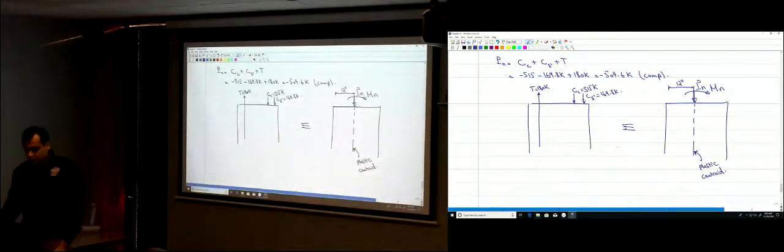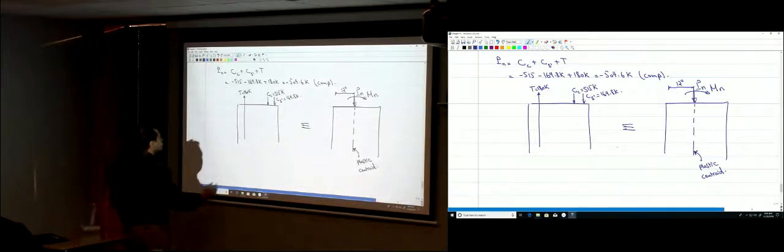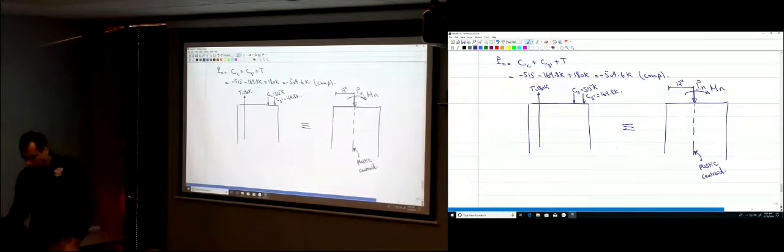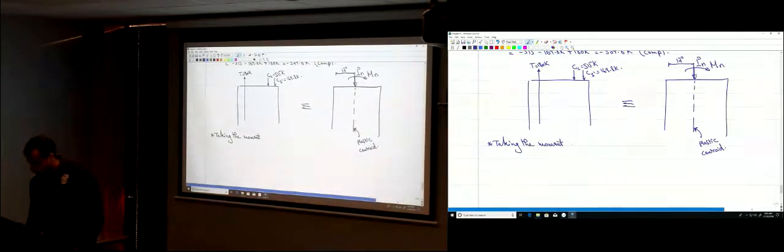So let's take the summation of the moment of both systems about a point of choice, okay? Any point you choose. So the point I choose over here is the tensile steel, okay? So taking the moment of the two systems about the tensile steel.